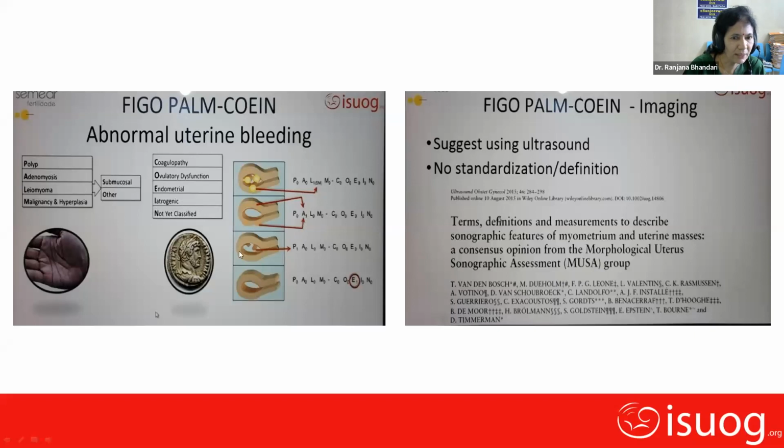In case of polyp, see, I have written P1, all others 0. In case of endometrial hyperplasia, see, all these are 0, but there is 1. So this is the PALM-COEIN method, but it also suggests ultrasound, but there is no standardization. No standardization means it is not coming under the MUSA consensus statement.